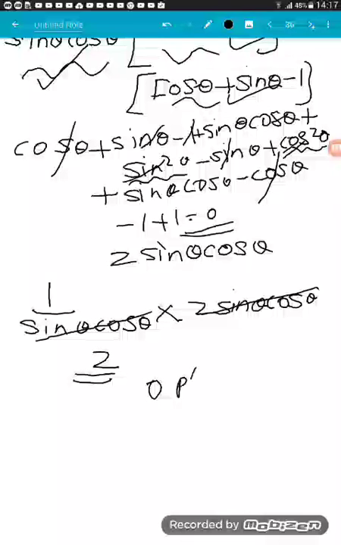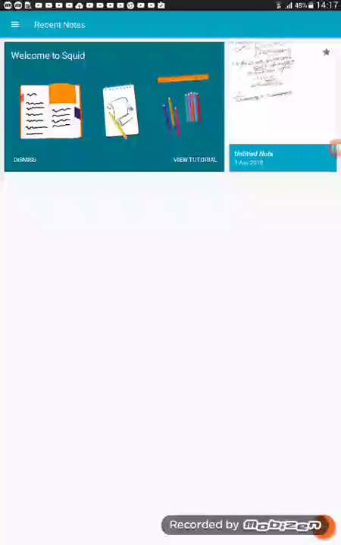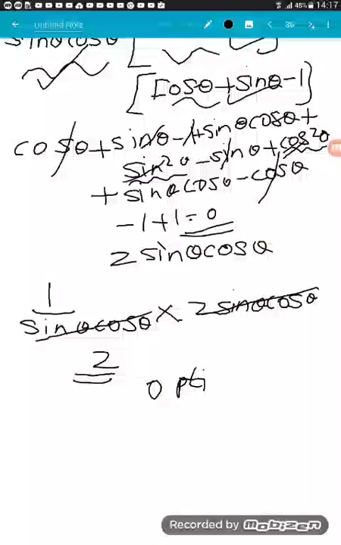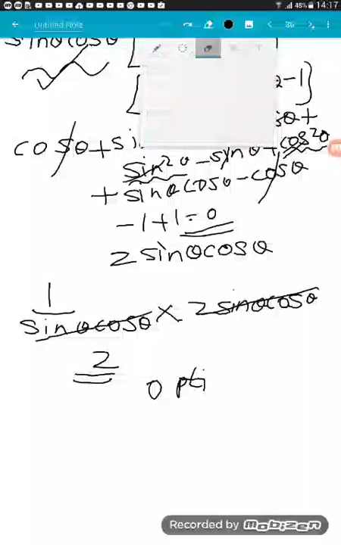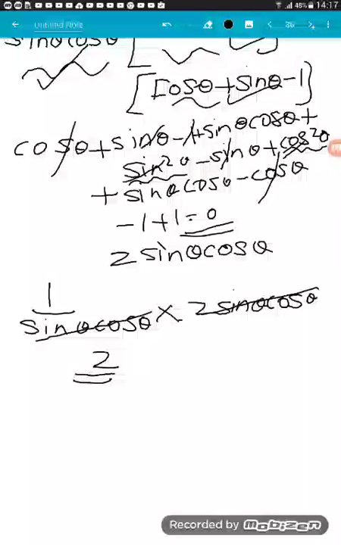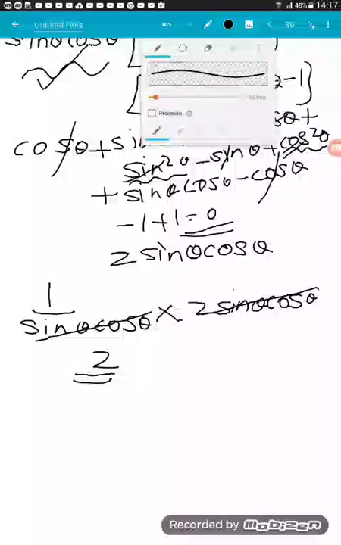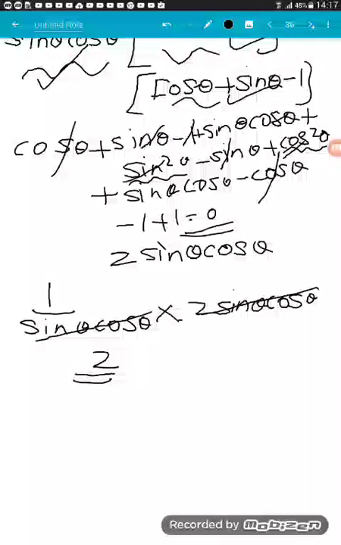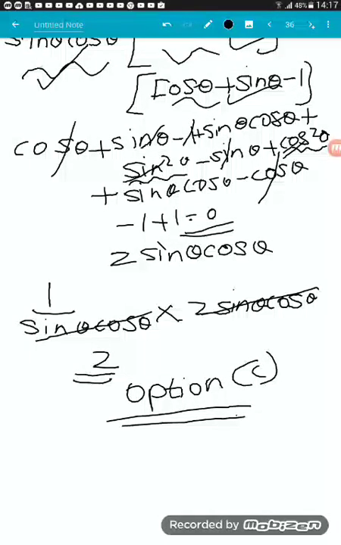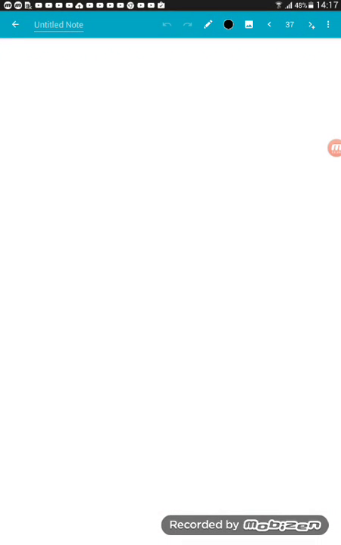So option number, very neatly, so it is option number C. So we will move on to the next one.